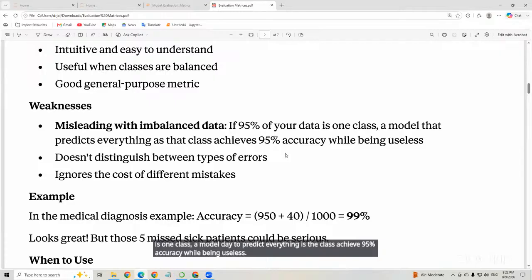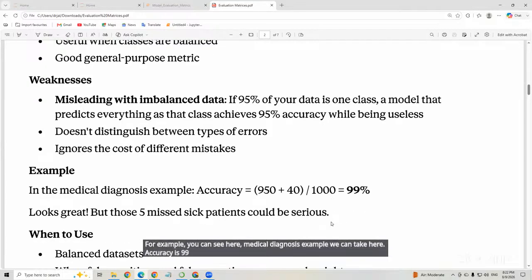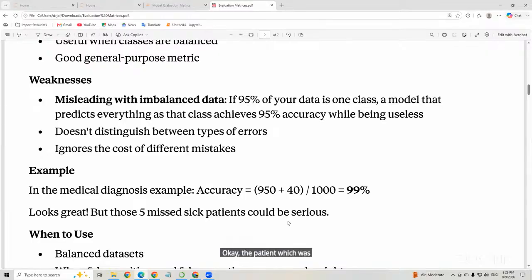It doesn't distinguish between types of error, and third, it ignores the cost of different mistakes. For example, in the medical diagnosis example, accuracy is 99%, which looks great, but those 5 missed sick patients could be serious. The patients who were missed here can be more serious.